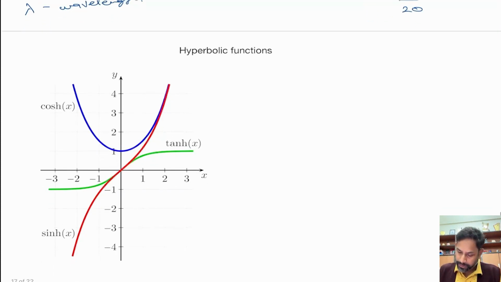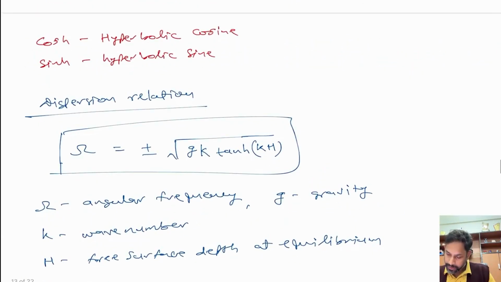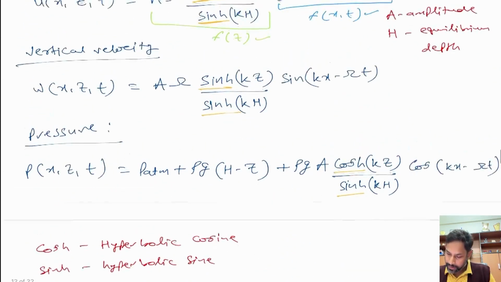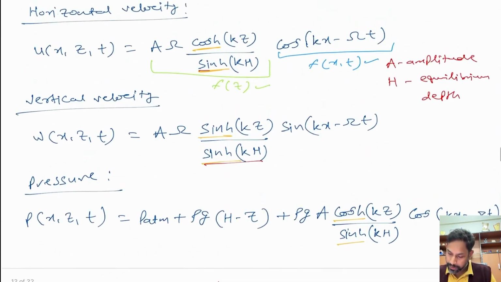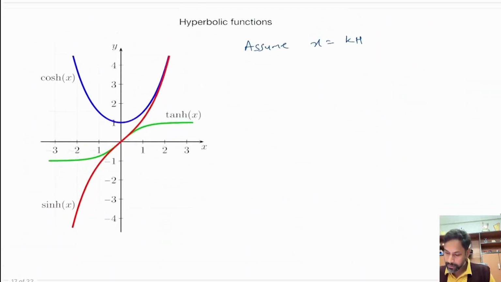Okay, so let's first understand this plot where you see cosh, sinh, and tanh, which tells you that here you can assume x equal to kh, because kh is something that we have in our equations. You can see kh is there in all the other equations, and that's why we will study this particular problem in terms of x.